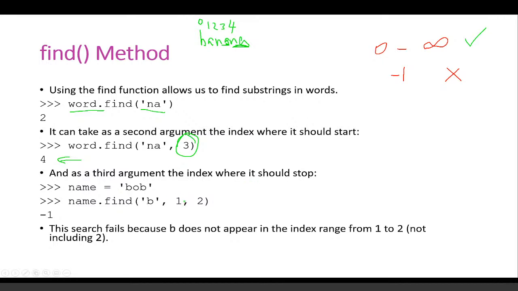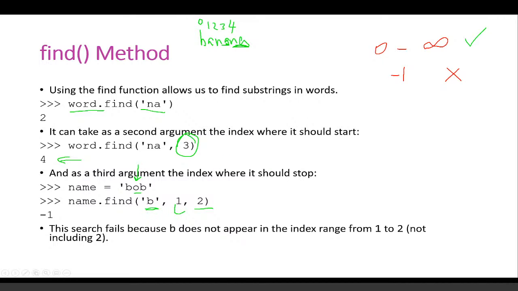If we have a third argument here, that's where it should stop looking. So in this case, we're starting looking at 1, but we're stopping looking at 2. That gives us an index range of 1 up to, but not including, 2. So this is only looking at the O in the middle of the word Bob.